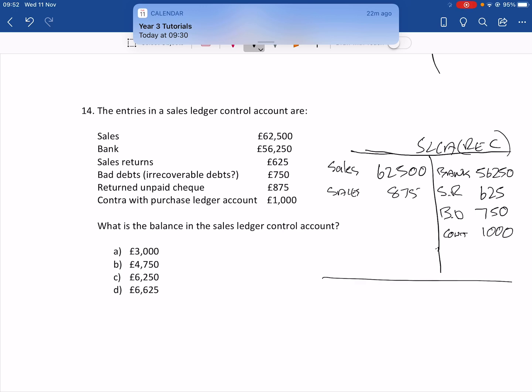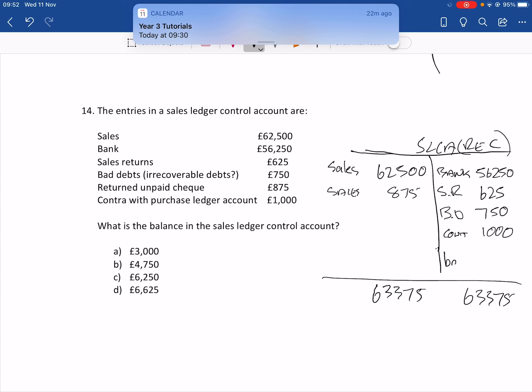So therefore we need to work out what the balance of the sales ledger control account would be. So 62,500 plus 875 is 63,375. Take it across, 63,375.